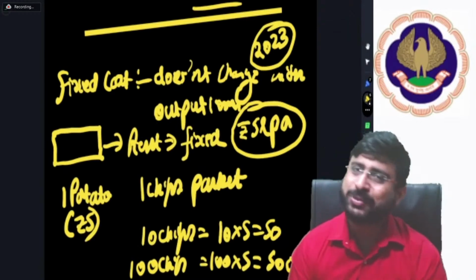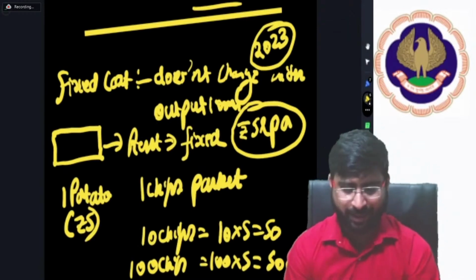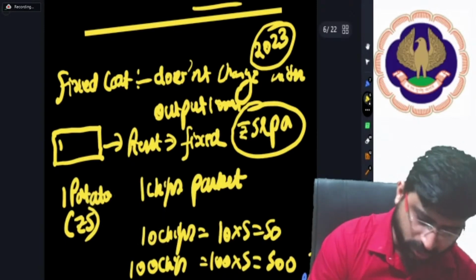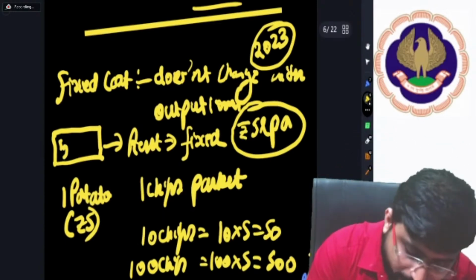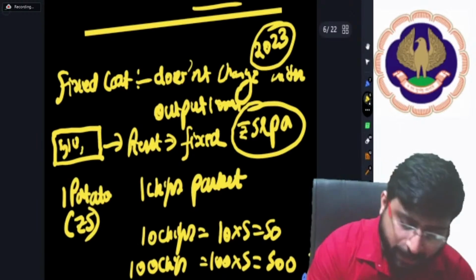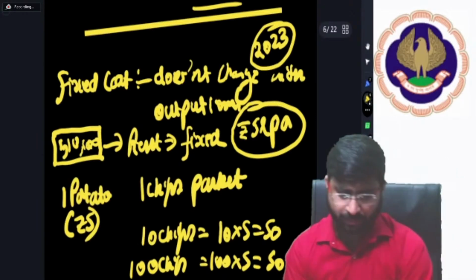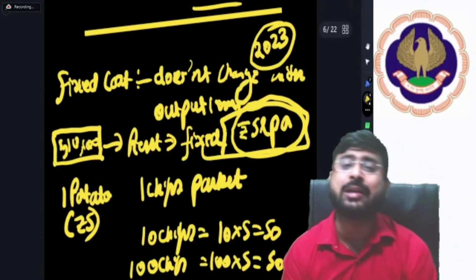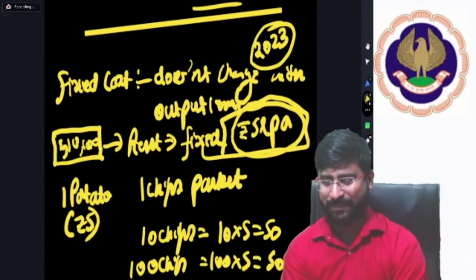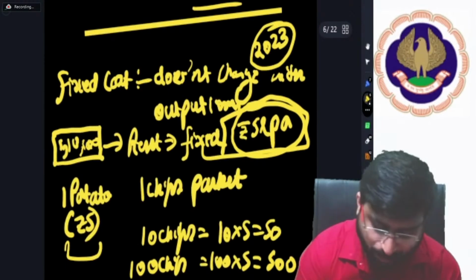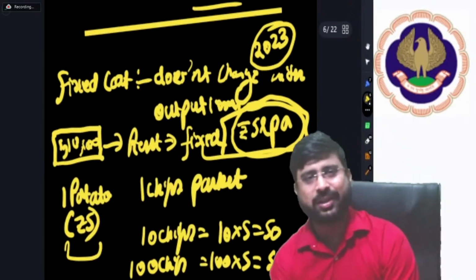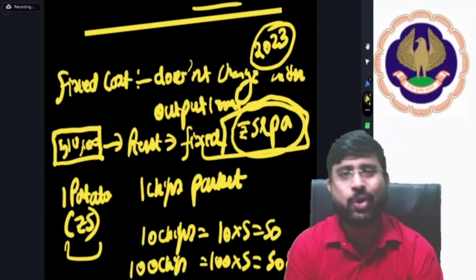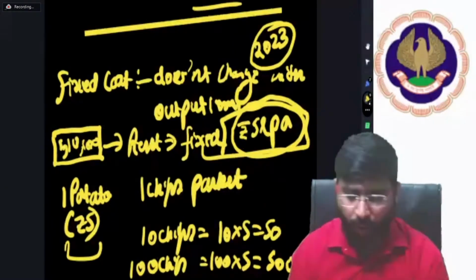Now, my dear friends, in rent, what was happening? If you are producing 1 packet of chips, 10 packets, or 100 packets, whatever your output level was, the rent was fixed at 5 lakh per year. That is fixed cost. But the potato you were using in this finished product, as you were buying more of it, the cost was changing accordingly.